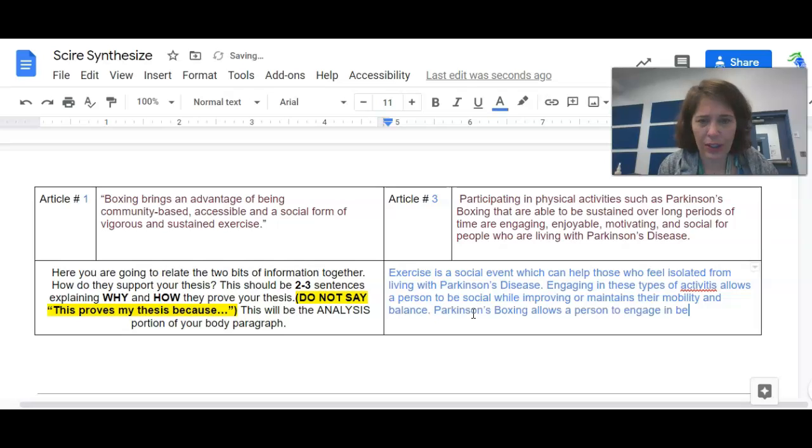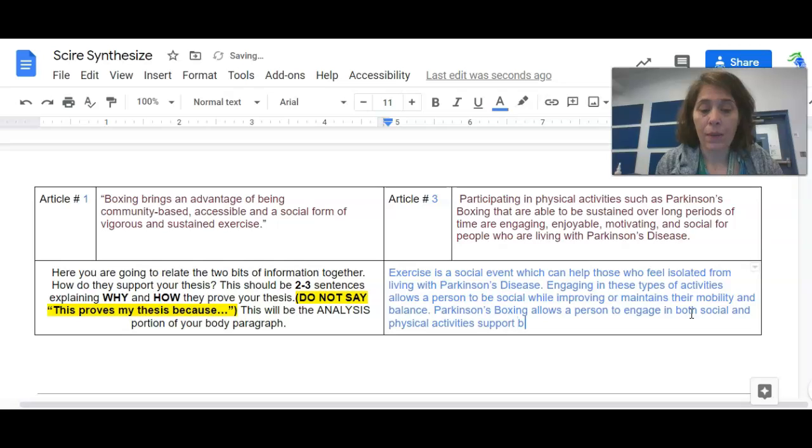You got to pay attention to where things are typing for you. So Parkinson's boxing allows a person to engage in both social and physical, supporting both their mental health along with their.